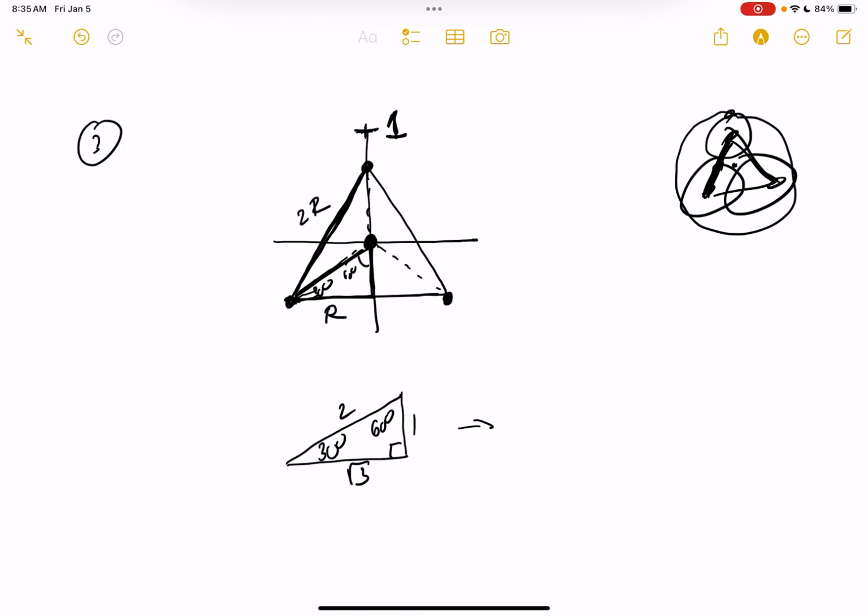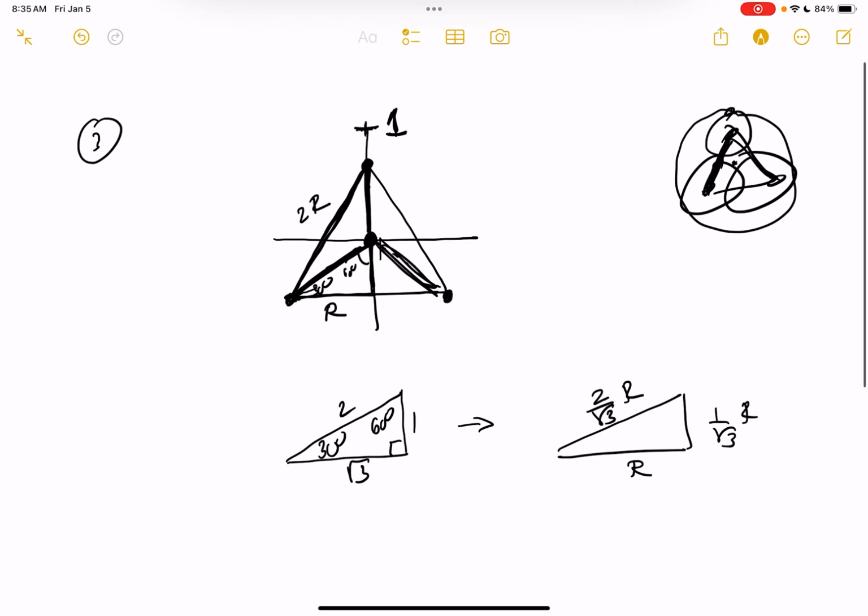I'm going to divide through by root 3. No, I'm not really doing a great job of drawing over here. 1 over root 3, and this should be 2 over root 3, and then multiply by r. So this dimension over here is going to be 2 root 3 r. This dimension over here is 2 root 3 r. This dimension over here is 2 root 3 over r.